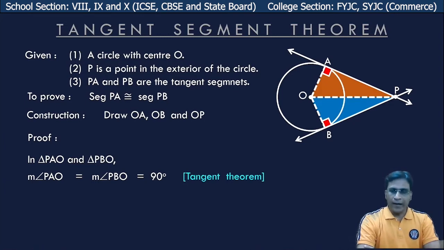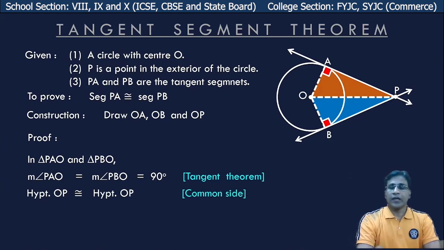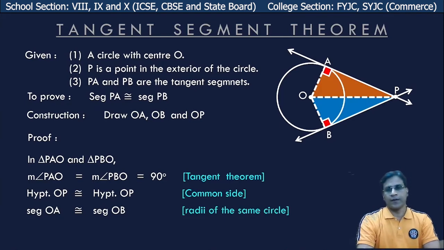Now in two right angle triangles, always first check, is the hypotenuse congruent? In this case, yes, hypotenuse OP is congruent to hypotenuse OP, and the reason is common side. Then check, is one more pair of sides congruent? Yes, here we get segment OA congruent to segment OB, radii of the same circle.